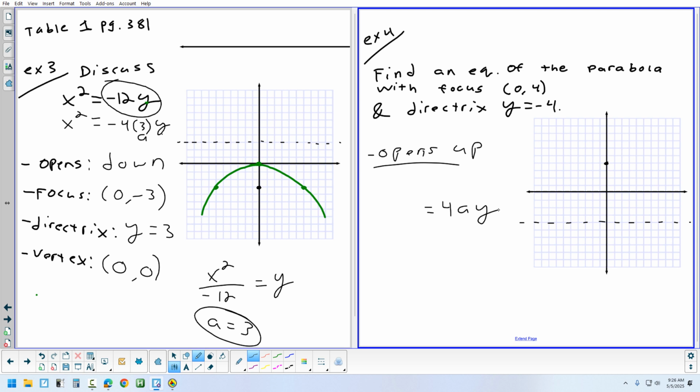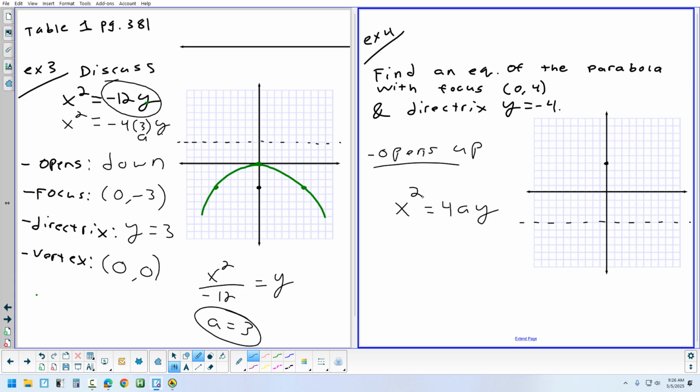And we want it opening in the Y, 4AY. So now, once you know that, what has to go on the left? Yep. It has to be the other letter squared. This is the only conic section we study where one of the letters is squared and the other letter is not. That makes it a parabola.